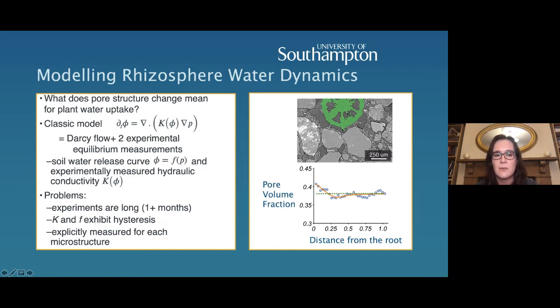Now, these experiments, to be done accurately, are very long experiments. In addition, the hydraulic conductivity and soil water release curve exhibit hysteresis. So that means that the wetting and drying paths are not the same, and these need to be measured explicitly for each microstructure. Now, this is clearly quite a big undertaking for conventional soil measurements, but more importantly for roots.